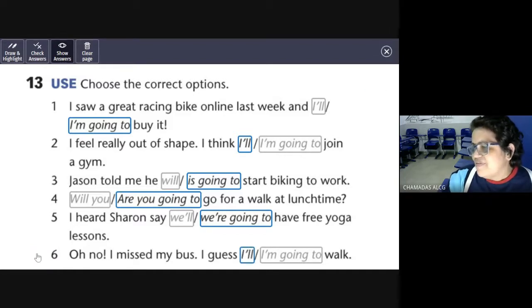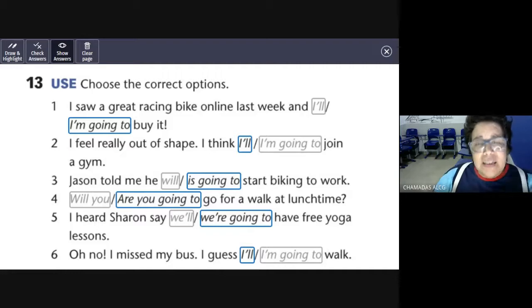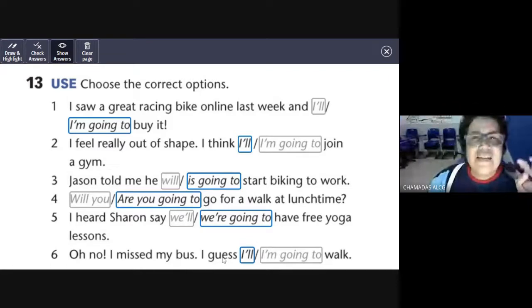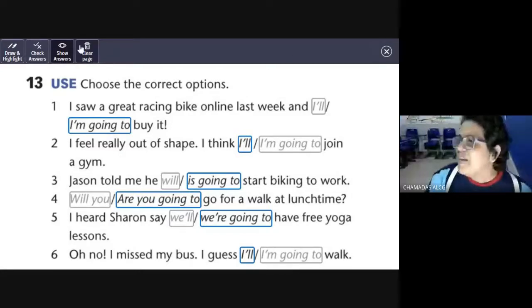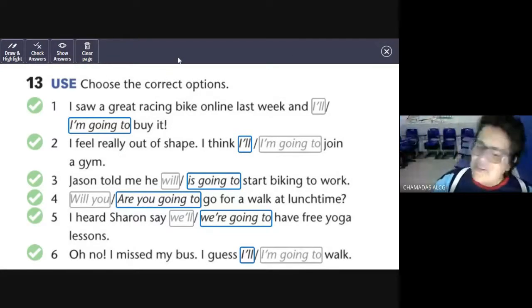So here, the first one, I guess I'll walk. There is no other option. I'm deciding at the moment of speaking, okay? The situation is happening now, and I'm making a decision. Okay, I think I'll walk. I think these verbs, they introduce the simple future. All right, sorry. Okay, checking the answers.